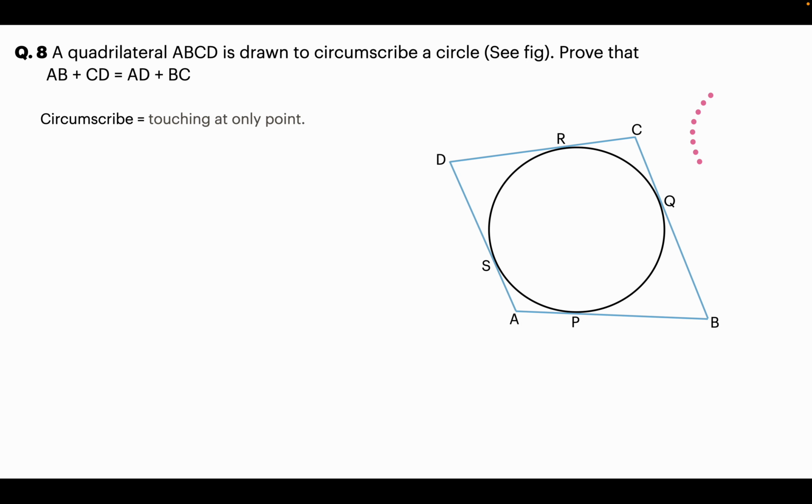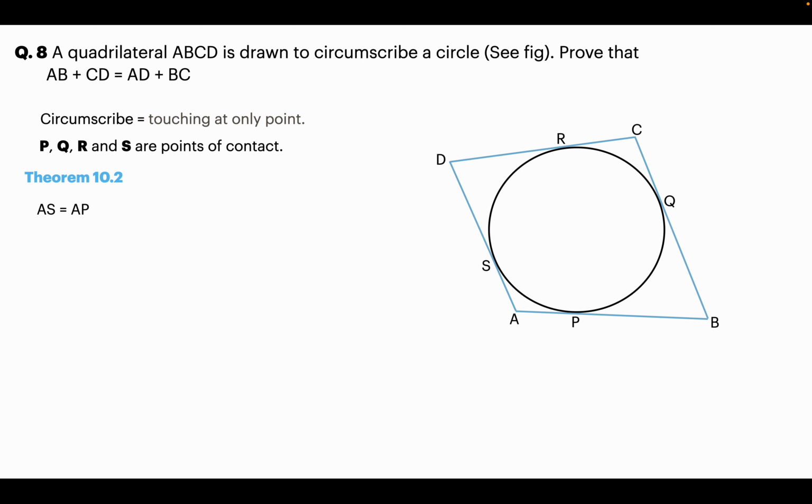So we will say that these lines are tangent to the circle. And if these lines are tangent to the circle, then points P, Q, R and S are points of contact, because that's where the tangent is touching the circle. And if these points are the points of contact, then we can use theorem 10.2.